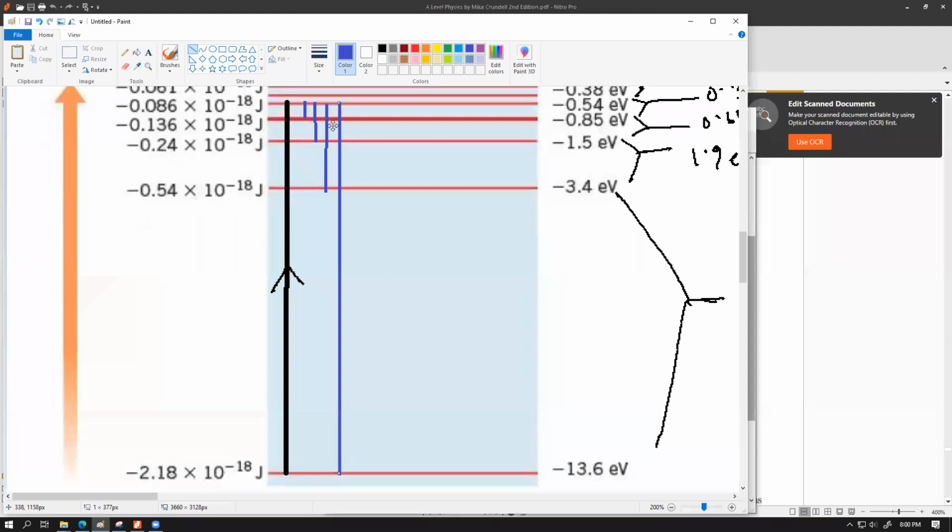However, whenever the electron makes its jump over here, it's not essentially going to stay there. From the fourth shell, it can jump to 3, it can jump to 2, it can jump to 1, and then from this one as well. I think you are already getting the pattern.